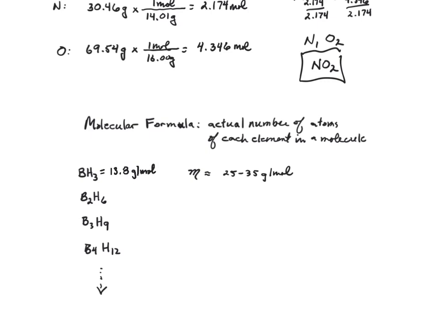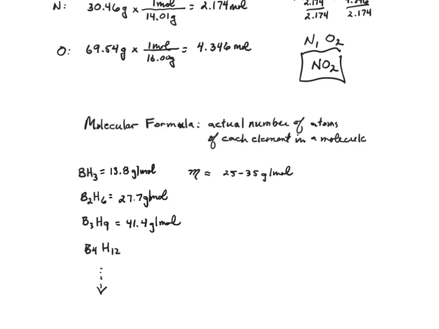Okay, now B2H6 is going to be twice that number, which is going to give us 27.7. Okay, and for B3H9, it's 41.4.